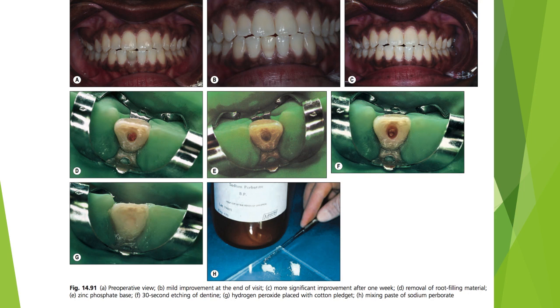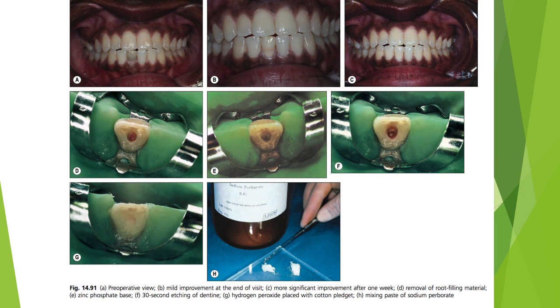So if the patient comes in after 3 days and the color of the tooth hasn't reached the level that we want, then we can wash the bleaching material and then we can apply a fresh mix, because if we leave the old bleaching material for a longer time, it won't add anything because the material would have been exhausted and consumed.